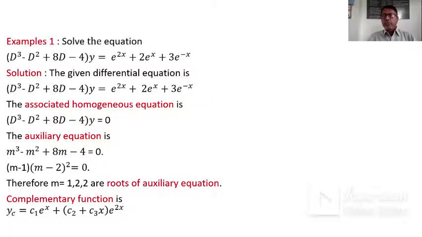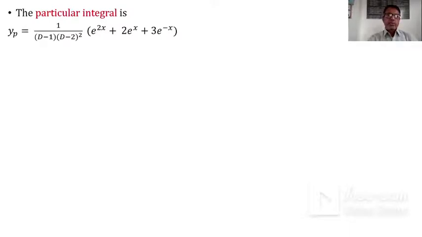Therefore, we obtain the particular integral yp is equal to 1 upon f of D, which is D cube minus D square plus 8D minus 4, operate this on e to the power 2x plus 2e to the power x plus 3e to the power minus x, and we write the factors of this f of D. Then yp is equal to 1 upon D minus 1 into (D minus 2) whole square, operate on this e to the power 2x plus 2e to the power x plus 3e to the power minus x.